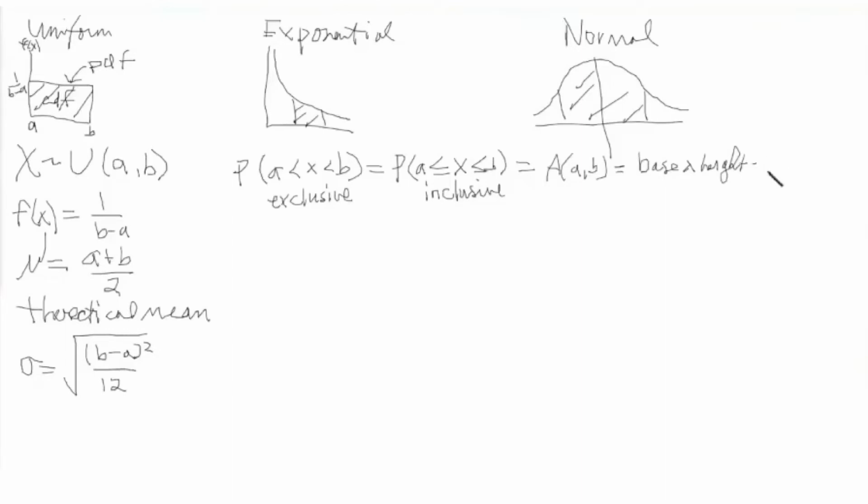So that's going to equal, your base is going to be your larger number b minus the smaller number a, multiplied by the height, which is your probability function. So that's 1 over b minus a. And as you can see, if we're doing the whole graph, that's all going to equal 1. Okay, any questions so far?